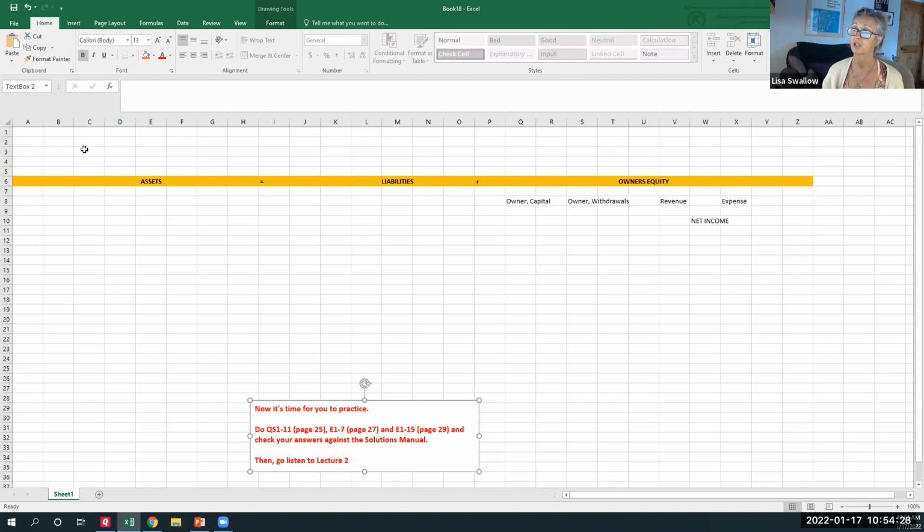This is going to be a tool. You're going to make this on a piece of paper. I'm going to give you a moment to just write this out. And this is going to be a tool that you're going to use as we go through and analyze transactions to see how they impact this equation. And remember, it's got to always stay in balance. So go ahead, take a minute, please, and do this.